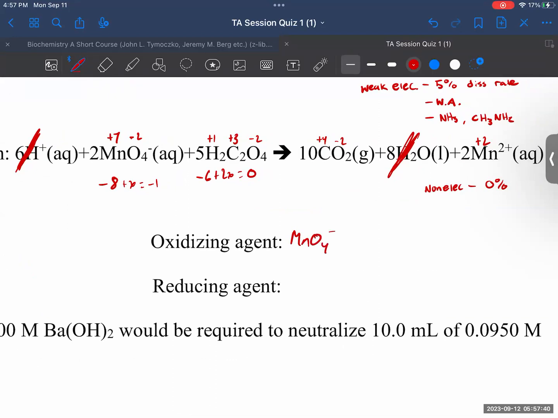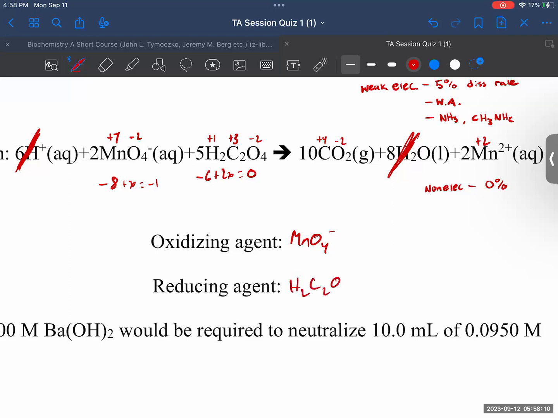All right, reducing agent. Would be C for carbon. What did I just say? Well, for CO2. Wait, you said the reactant. H2C2O4. Yeah, H2C2O4.